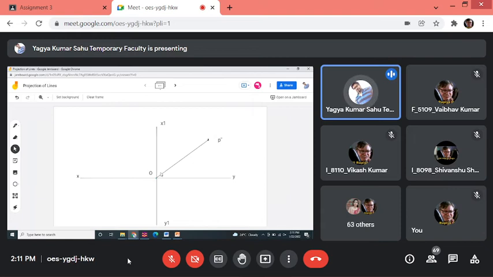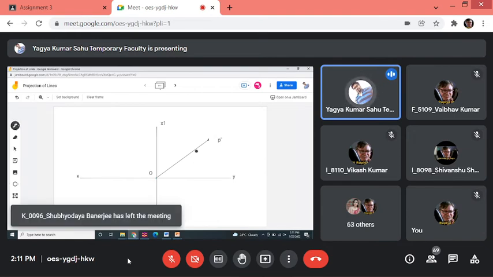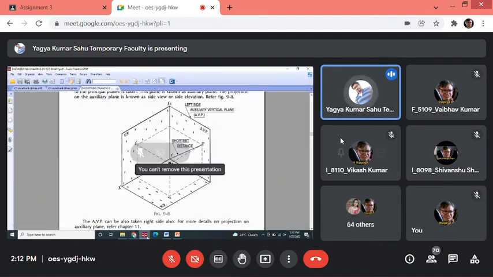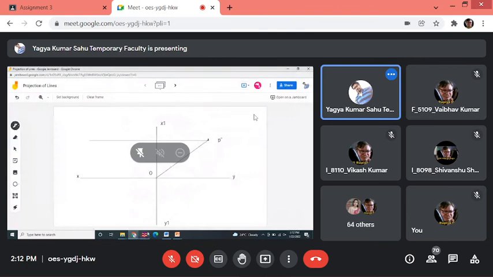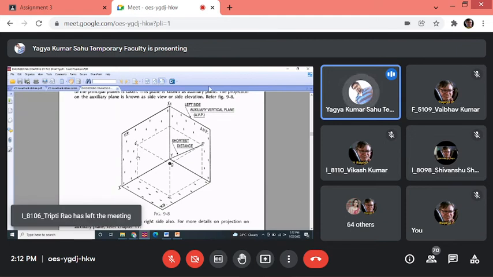Now, what about the front view? From this side view, draw another projector line in this direction. You can see in this figure, what is the distance of the front view from XY? It has some distance.